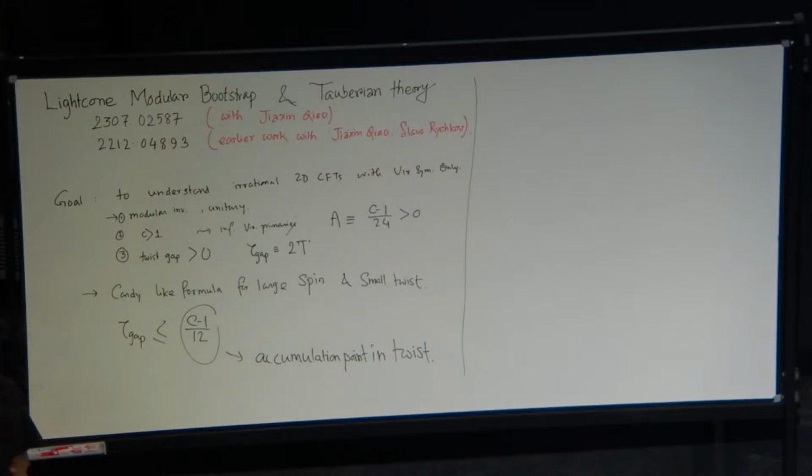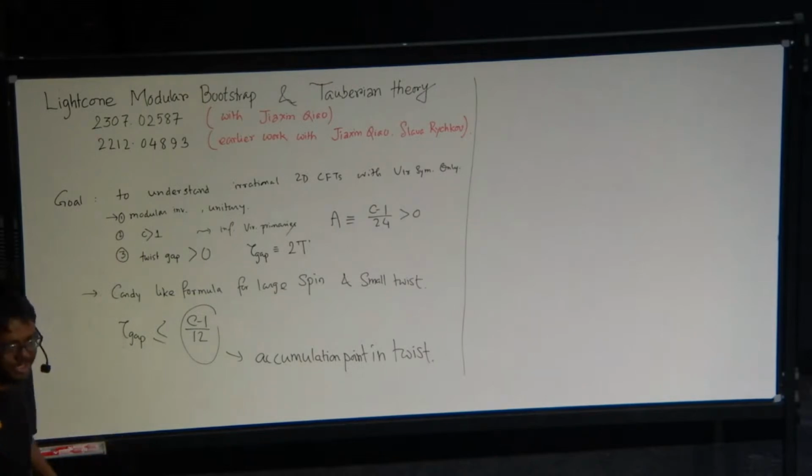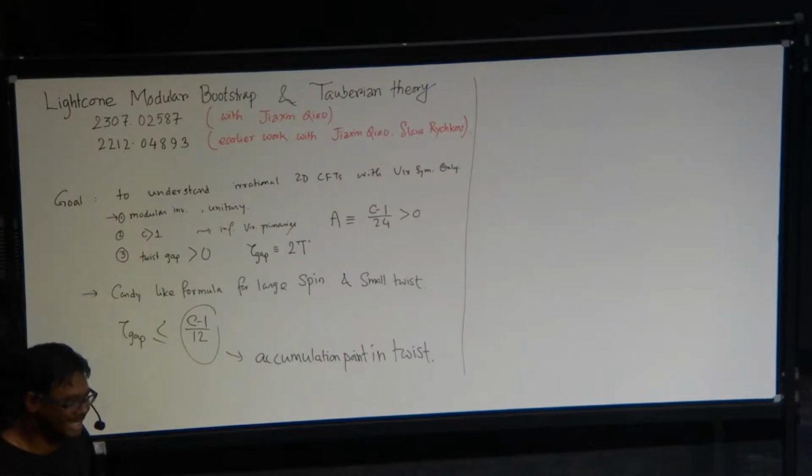Yeah, I agree. We do not know any example of this kind of CFT. That's true. But if you assume this set of things, then some statement follows. And if someone comes and gives me a concrete proof that this CFT cannot exist, I will also be happy. Right?